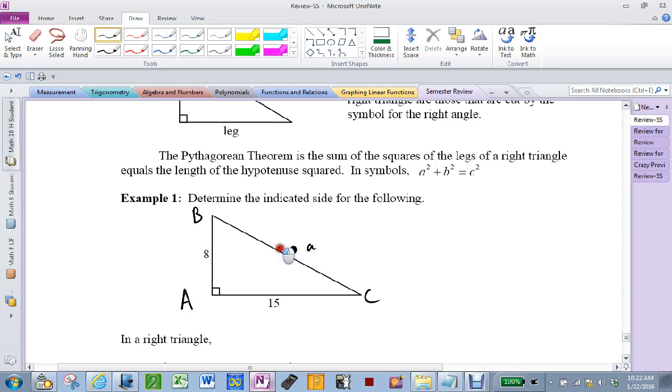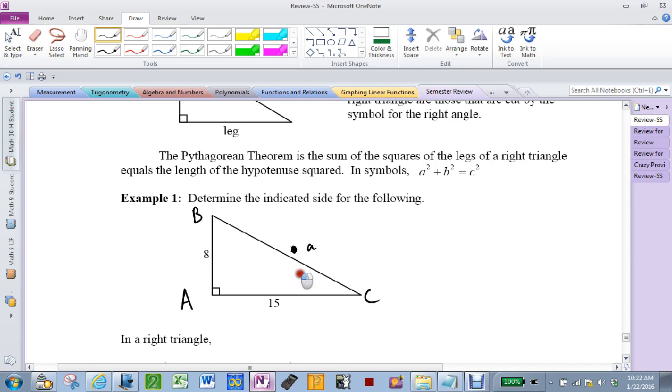This question has been on many a provincial, with the triangle rotated around to fool you even more. Please don't fall for their chicanery, which is a $5 word for trickery. Don't fall for it. You know how to do it.